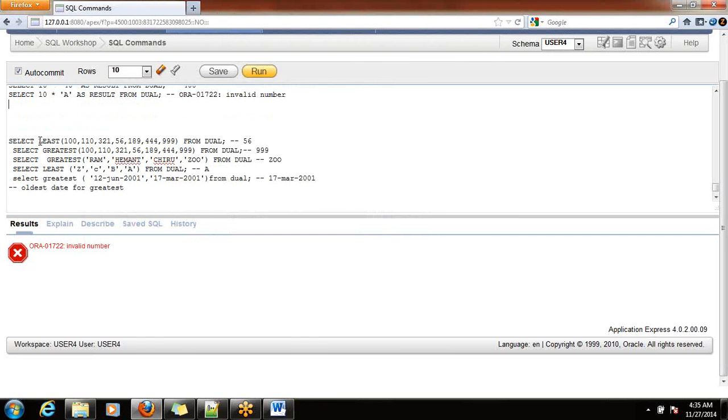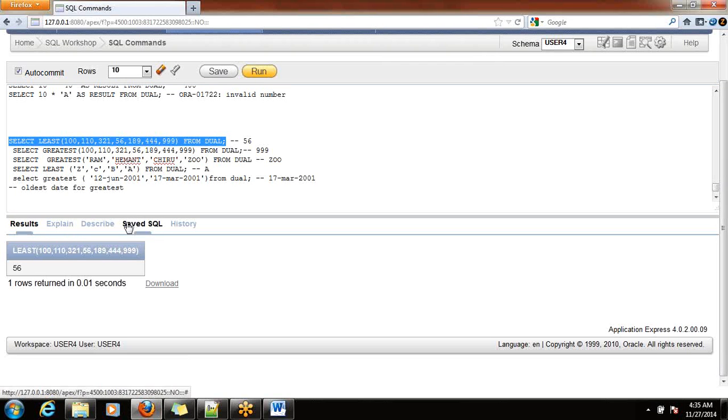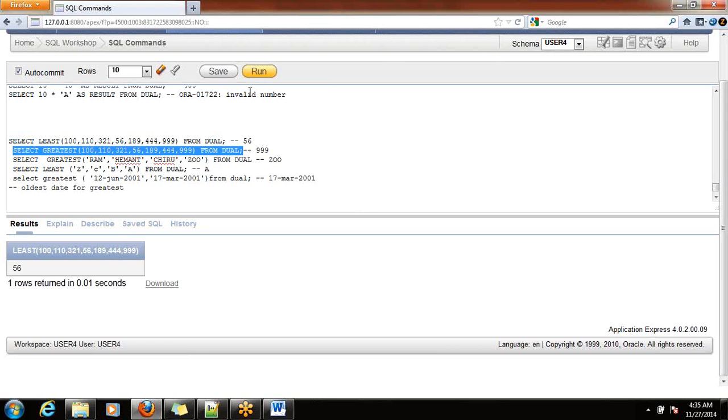Likewise, least. You can supply n number of values to the least function and it gives the least value present in it. Yes, least value 56. Likewise, greatest gives the greatest value. And this least and greatest can be applied on characters also. You can see here greatest of Ram, Hemant, some names I gave, Zoo.